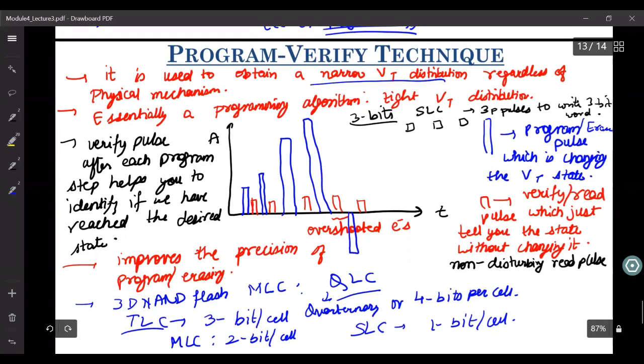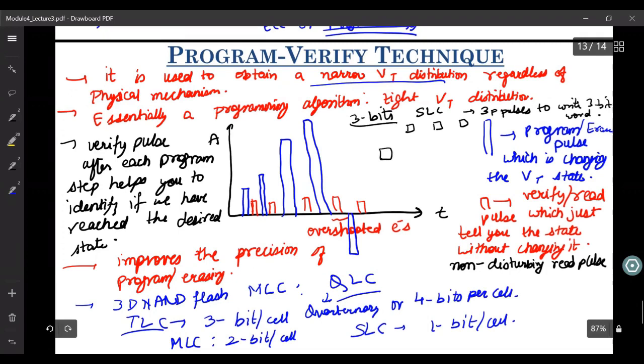Now if you have some TLC memory cell, you can actually write using only 1 pulse, theoretically.